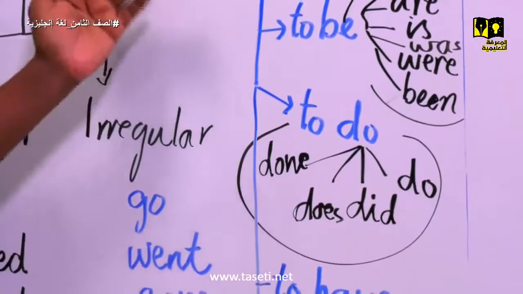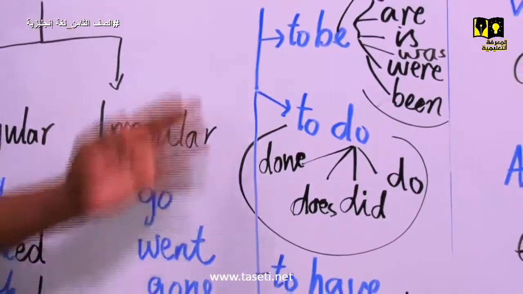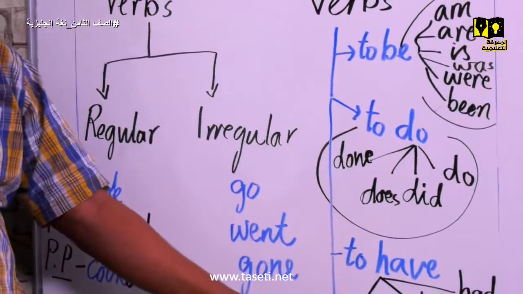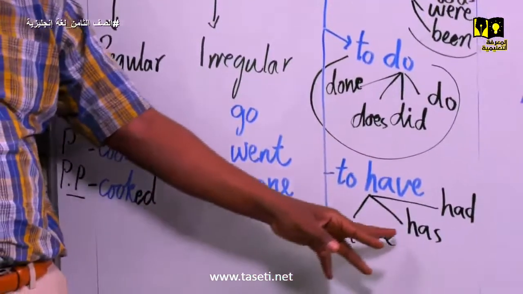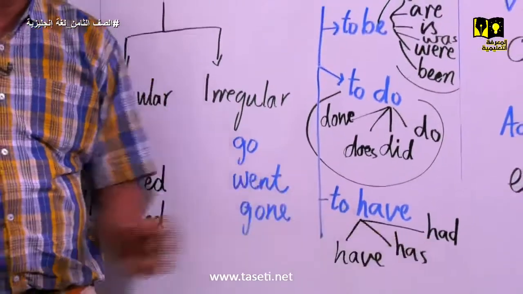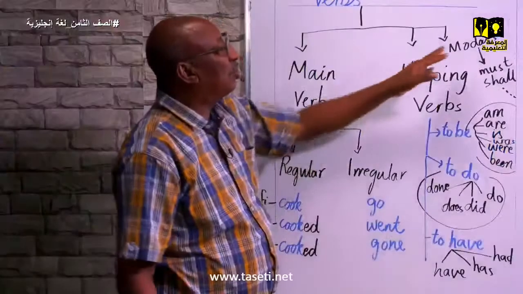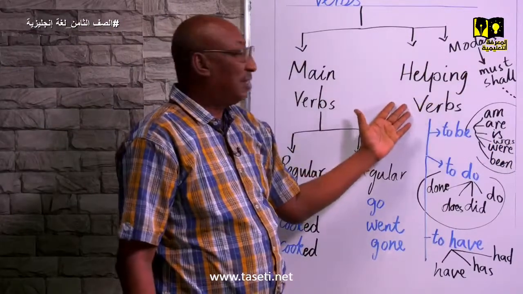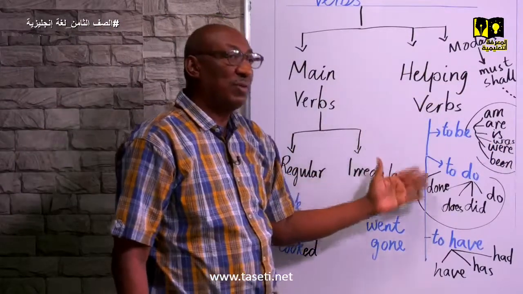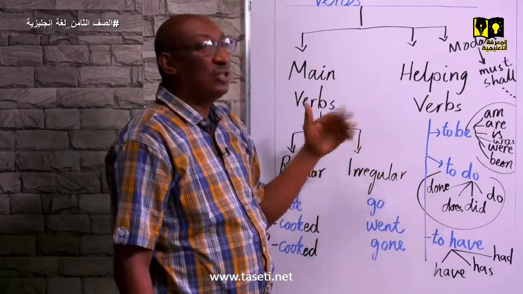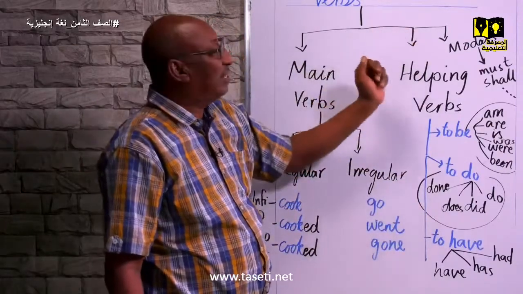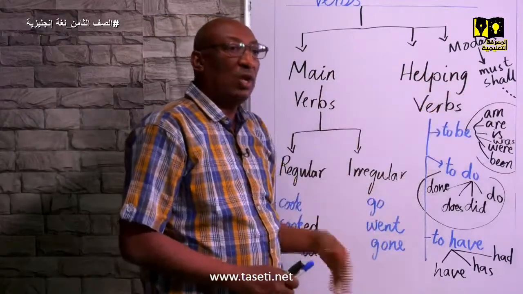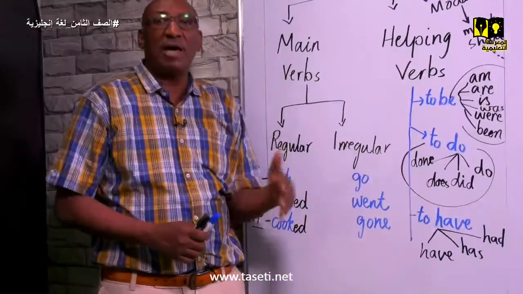Also, the third part of the helping verbs is the verb to have, which is have, has, and had, right? In addition to the modal auxiliaries, right? These are auxiliary verbs: verb to be, verb to do, verb to have. We have other auxiliaries, we call them modal auxiliaries. Those are must, shall, will, would, may, might, and so on.